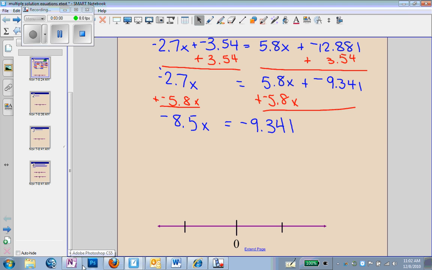Next, I'm going to multiply by the reciprocal of negative 8.5 on both sides.